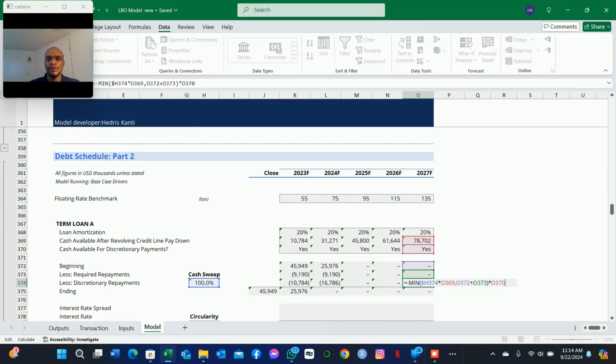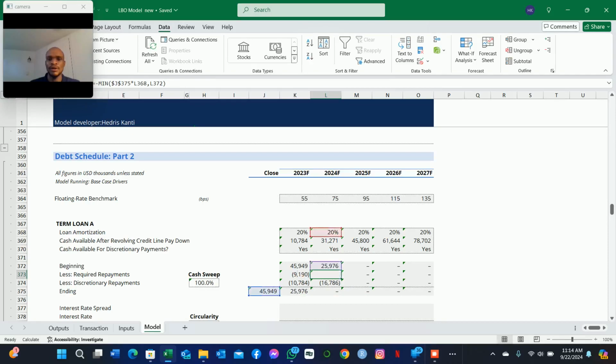Just go double check, as you can see we have it just the way we want it to be. So for the required repayment, we are just depleting whatever amount was borrowed by 20%, or whatever will be available at the beginning of the period.